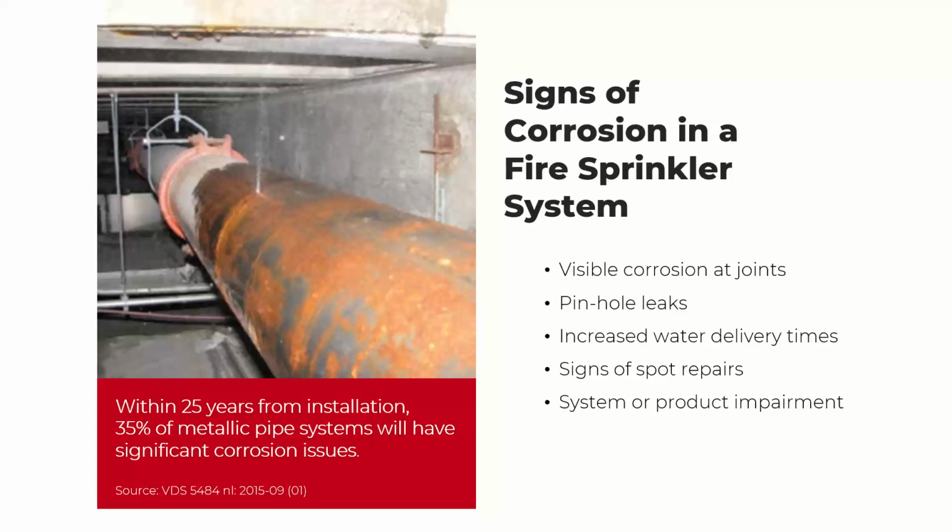In addition to this, there are labs around the world, UL and FM and VDS, which is the European equivalent of UL, that are doing long-term studies on the impact of corrosion on wet and dry systems. VDS did one, and in this, they showed that more than a third of systems were impacted in their first 25 years of existence.